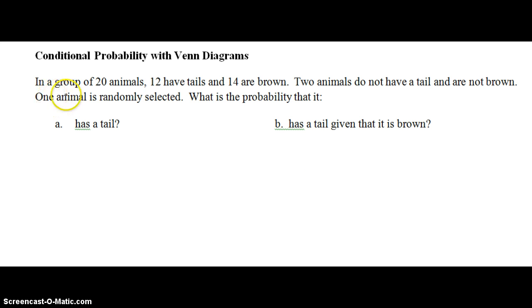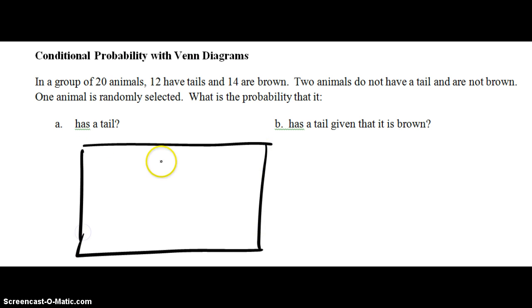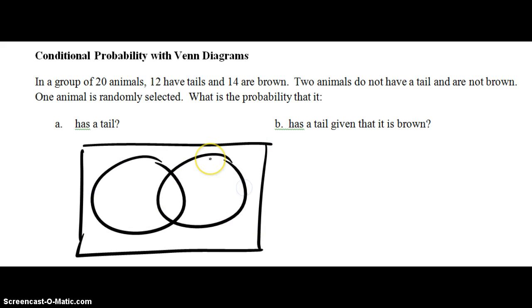Okay? So we have a group of 20 animals, 12 have tails, 14 are brown, 2 animals do not have a tail and are not brown. A randomly selected animal, 2 probabilities. So we need to create a Venn diagram for this. So we have tails, brown. 20 animals total. 2 animals do not have a tail and are not brown.